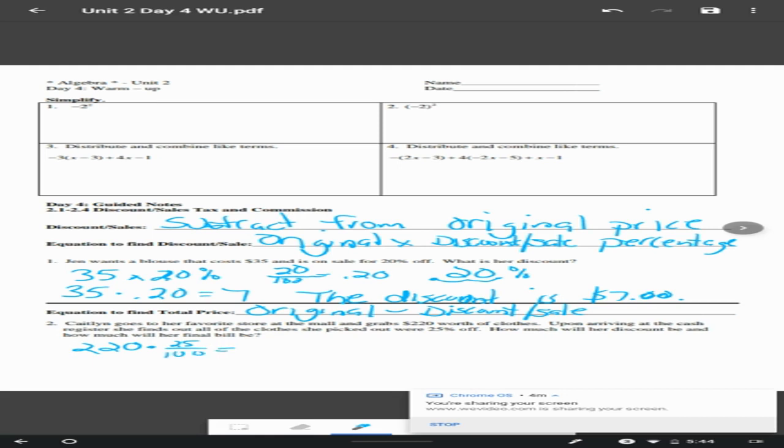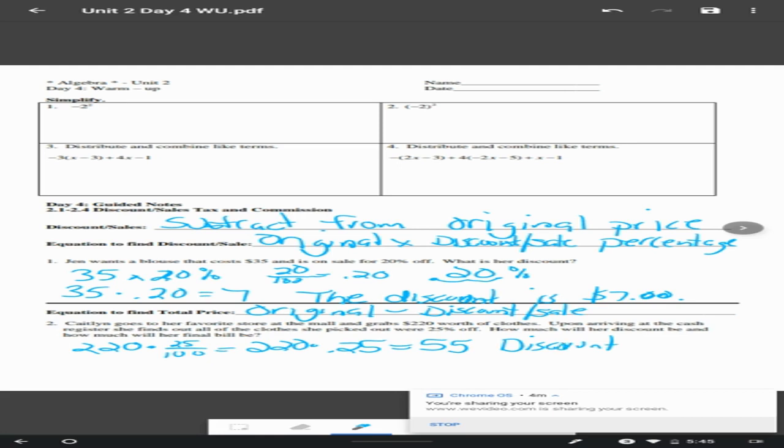So that would really be 220 times 0.25. If you were to multiply those, 220 times 0.25, we'll get a total of $55. So this is my discount or my sale.